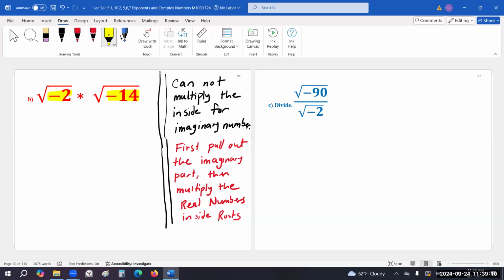For a real number, you can multiply the inside or you can divide the inside. So first you have to pull out your negative. So it becomes i square root of 2. This becomes i square root of 14.